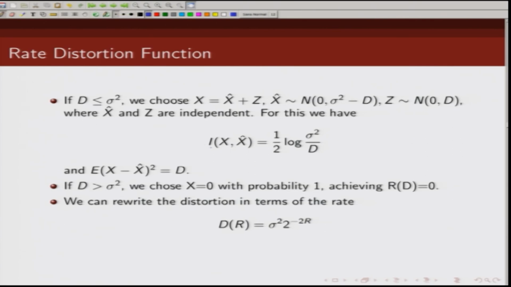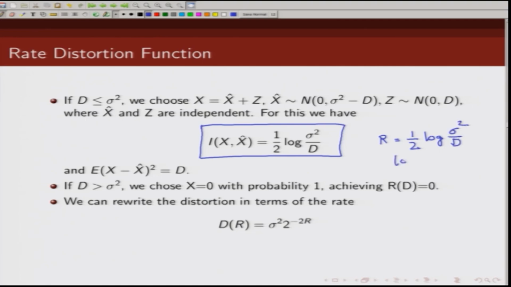Now, as we said, this rate can also be written in terms of distortion. So I have log of sigma square by d is 2r, or I can write sigma square by d to be 2 raised to the power 2r, or d is sigma square times 2 raised to the power minus 2r.